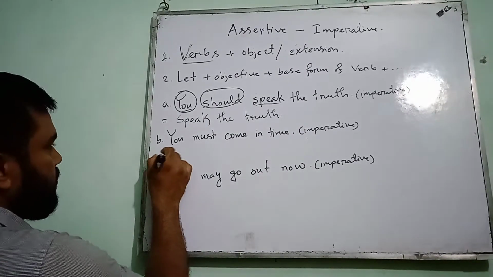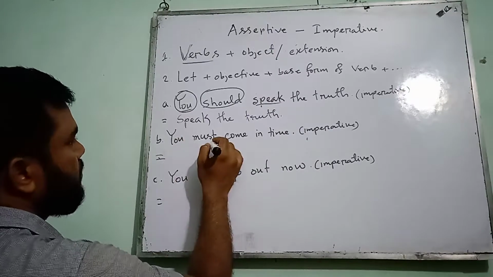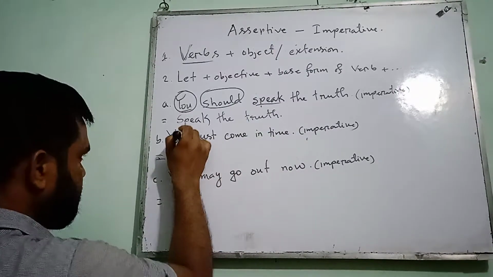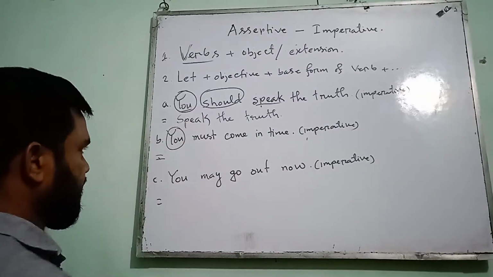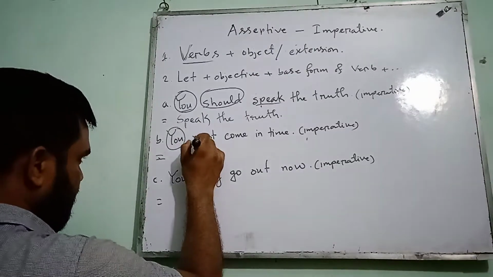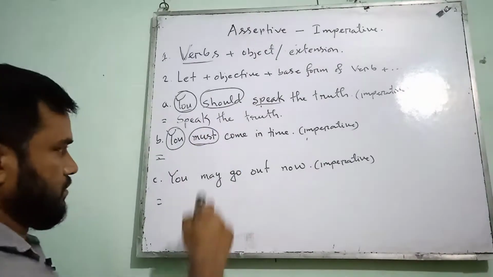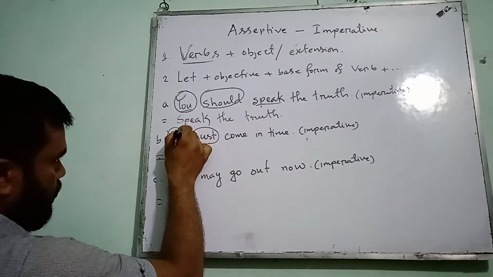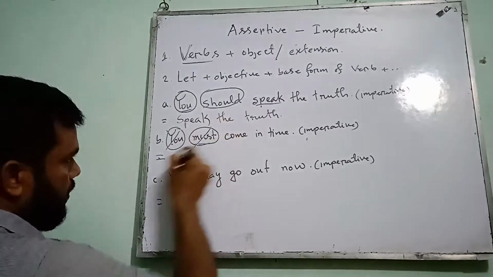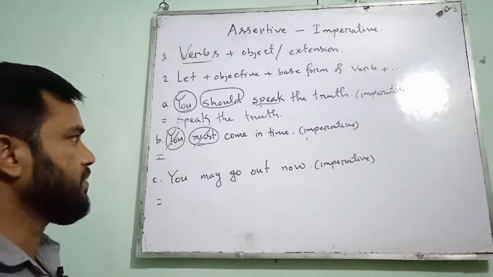So let us try the next sentence. You must come in time. Here you can see the sentence begins with the subject you, and it also contains an auxiliary verb must. So we will not write this subject you and auxiliary verb.